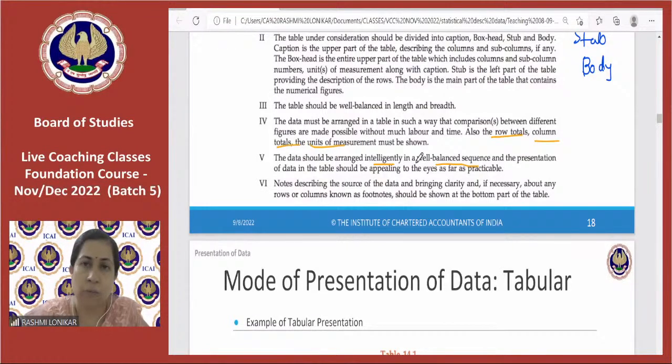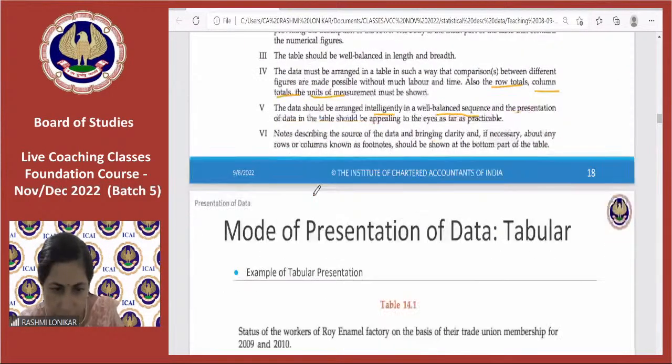But when I'm comparing it with marathon runners, those will be in kilometers. So I should mention that properly. What is the unit of measurement? And to give more clarity, you should also have footnotes.